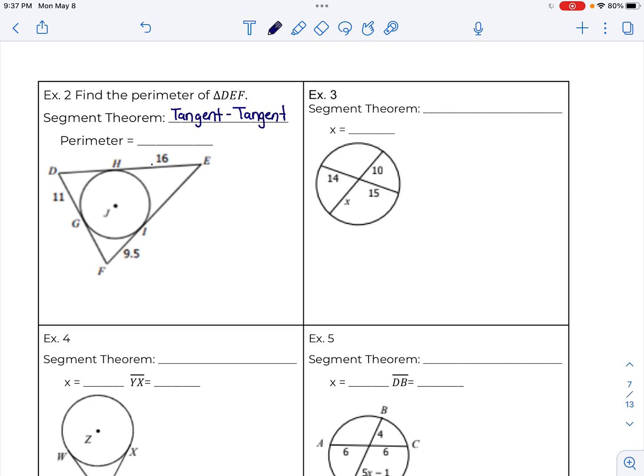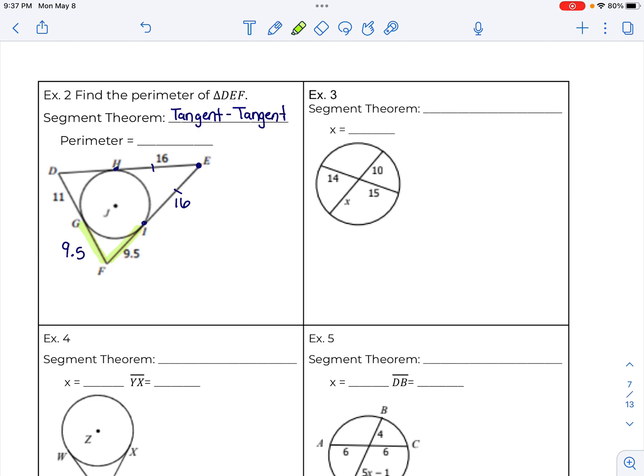So if from this given point out here, the distance to the circle is 16, this line is 16 too. Same thing from this point to this point, it should be the same distance. So if this is 9.5, that's 9.5.